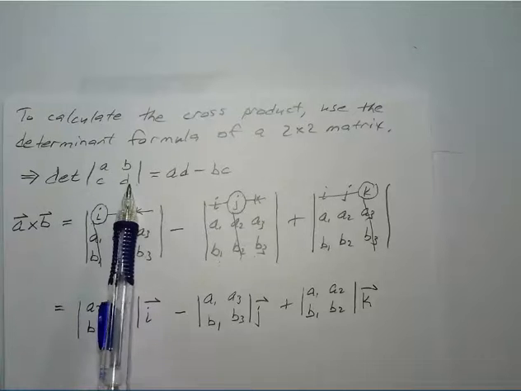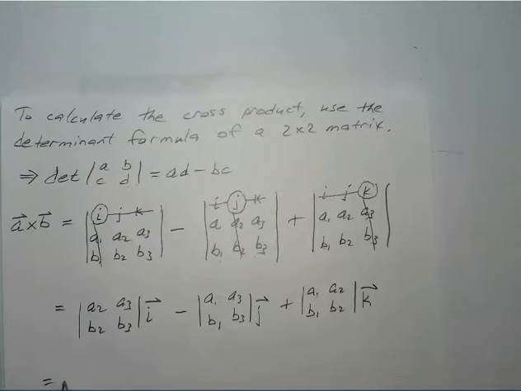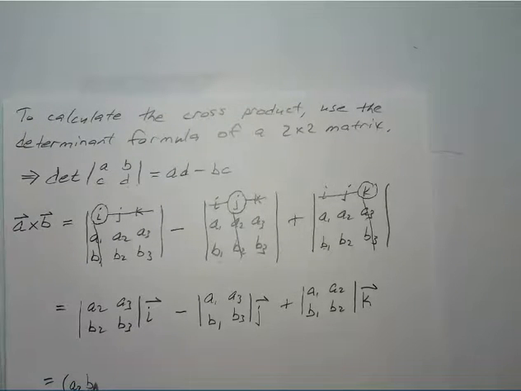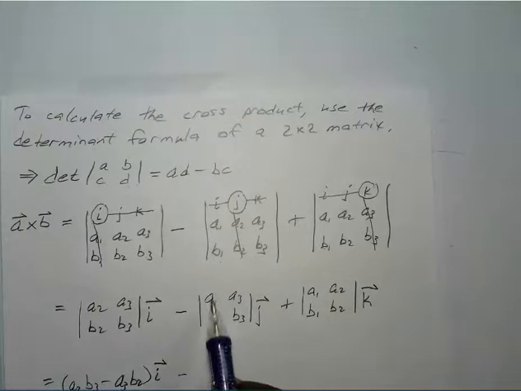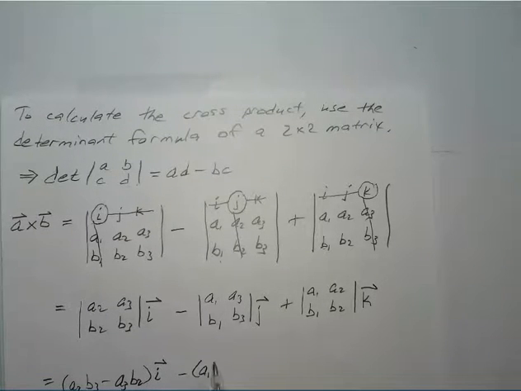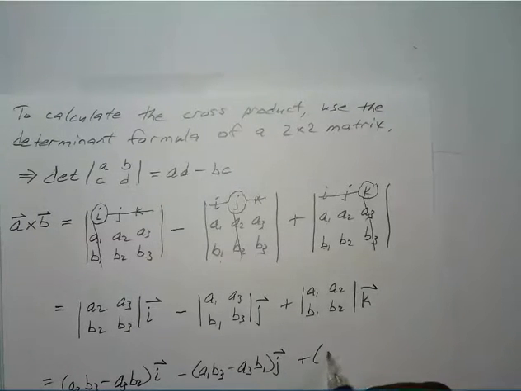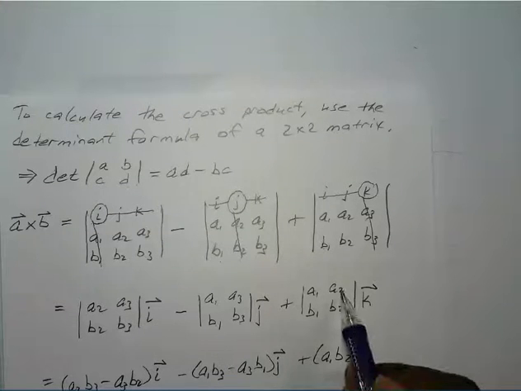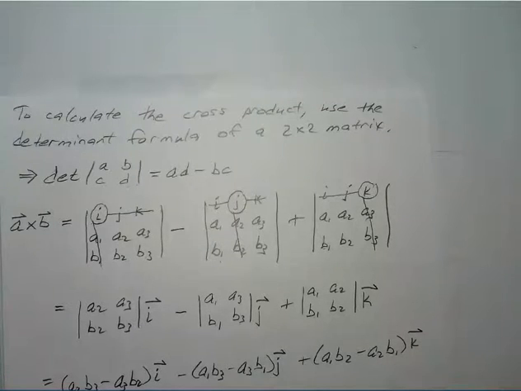Okay, A times D minus B times C. So this one you have A2 times B3 minus A3B2, and that's times the I vector, minus A1B3 minus A3B1, that's the J vector, plus A1B2 minus A2B1. And of course, that's times your K unit vector.